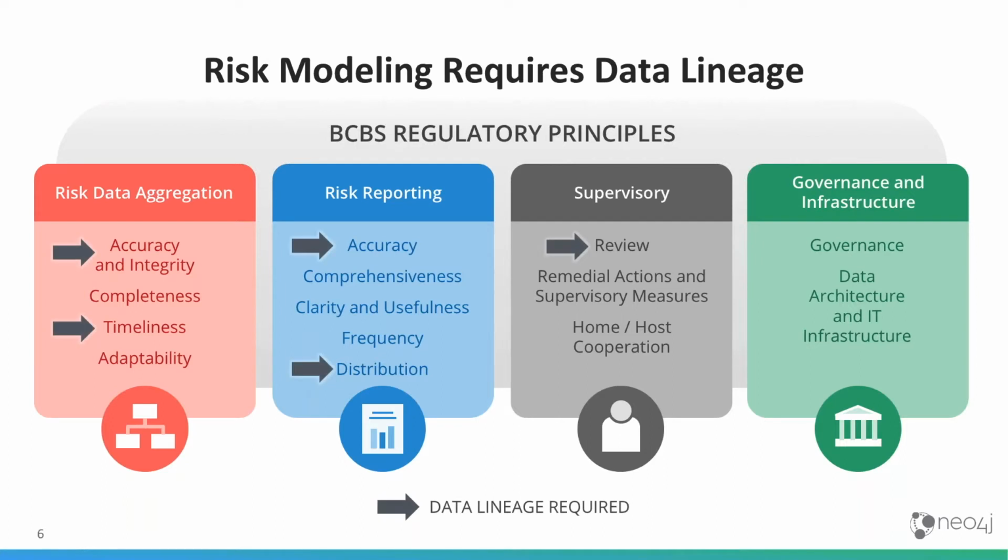So these are kind of key areas of BCBS 239 where data lineage is required, and graph databases can play a significant and a pivotal role in making sure you get quick and timely reporting, and also manage the value at risk calculation in fairly real time.